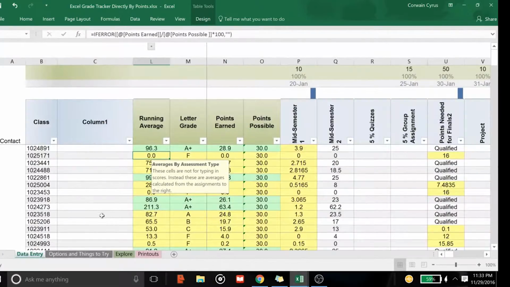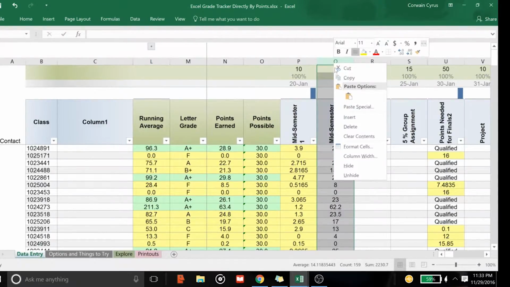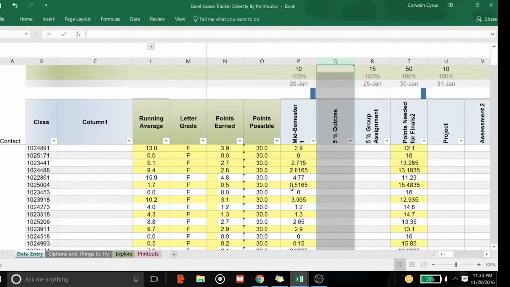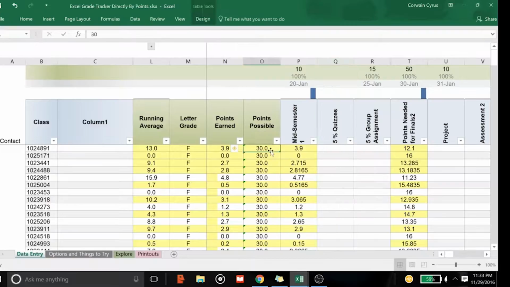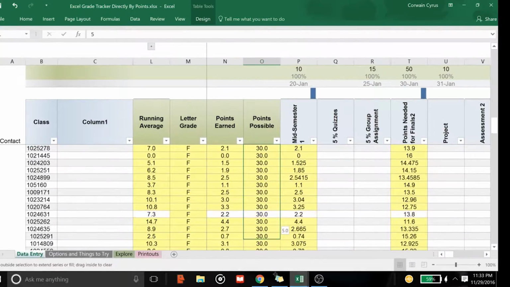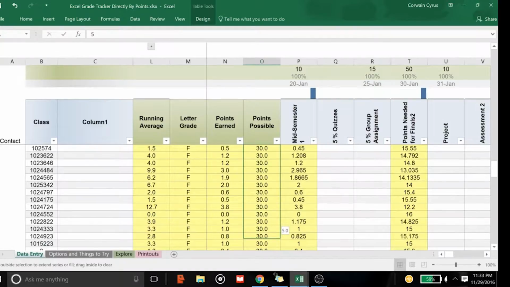Now, you see, I deleted the names so I wouldn't embarrass people, right? But if I was to delete mid semester 2 and have the grades go for just 5%, just checking the class's performance solely based on mid semester 1.